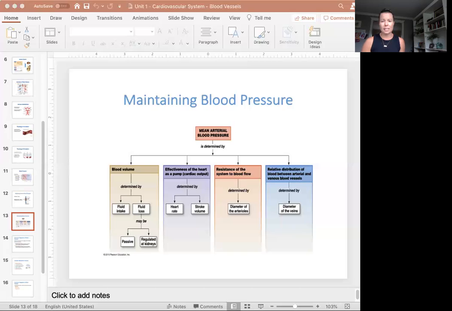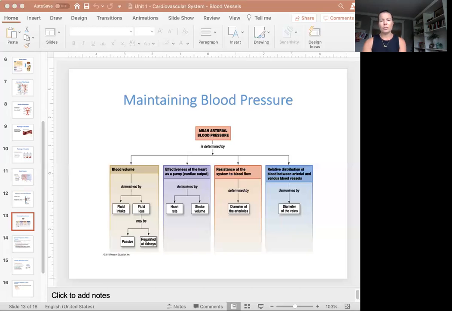So for example, if they detect a decrease in oxygen, they will make changes that would increase cardiac output to get more blood out to all areas of the body. Because if there's a decrease in oxygen, you can compensate by sending more blood, because blood is what carries oxygen. So sending more blood out to all of your body cells and tissues.